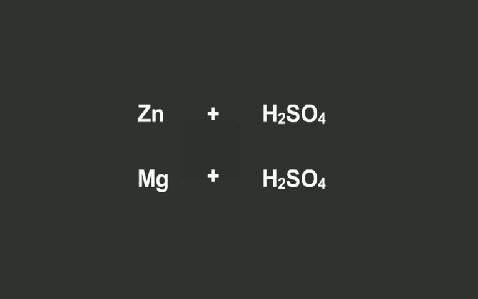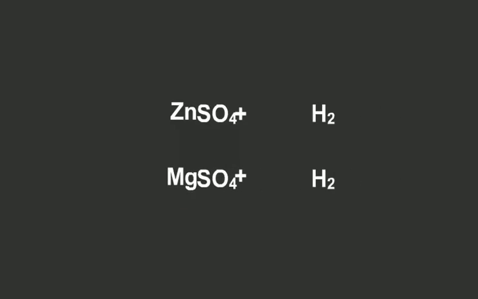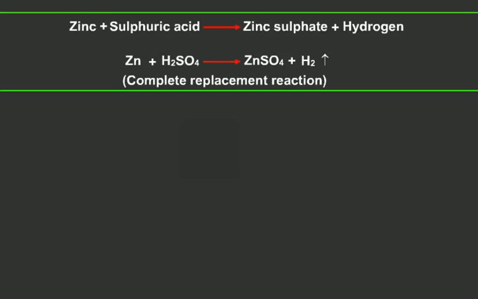Strongly reactive metals like zinc and magnesium can replace the hydrogen in an acid partially or completely. For example, in the reaction zinc plus sulfuric acid gives us zinc sulfate and hydrogen, where zinc replaces hydrogen in sulfuric acid.